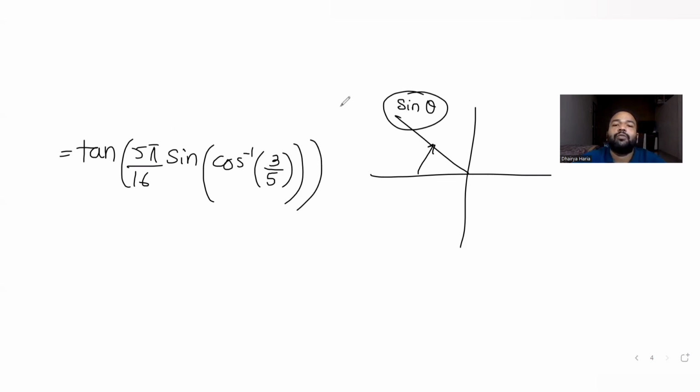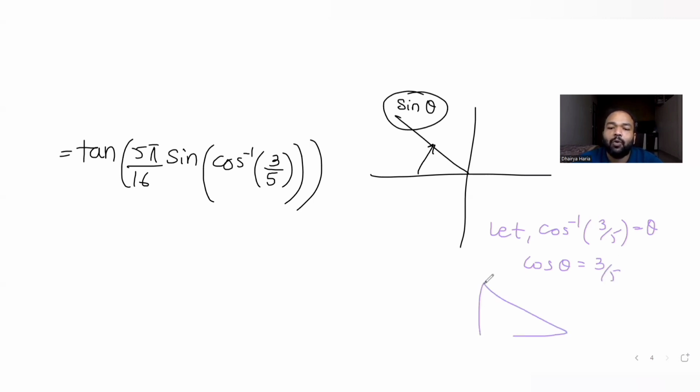Now, if I put cos inverse of 3 by 5 as theta, any angle, I get cos theta as 3 by 5. Figuring that out in a right angle triangle, cos theta is adjacent side upon hypotenuse. So the adjacent side becomes 3x and the hypotenuse becomes 5x.